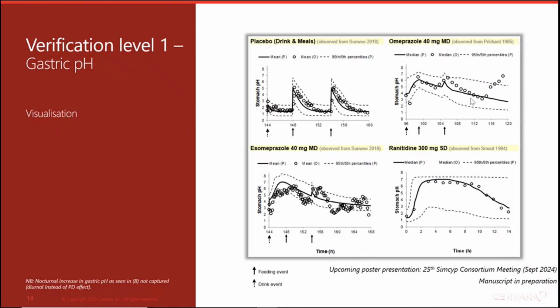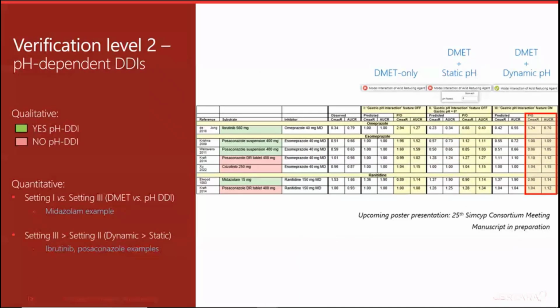Yeah, well, to answer the question, I think this is sort of best illustrated in this slide here, where we assess the prediction accuracy for the DDIs of the static approach versus the dynamic approach.